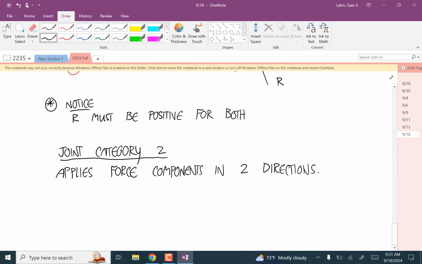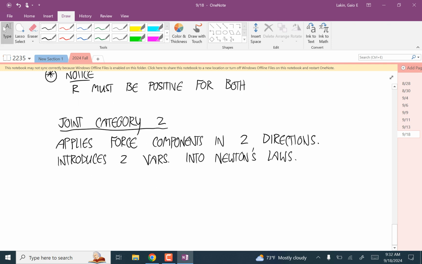And because of that, this introduces 2 variables into Newton's laws. There's only one of these. And this one is a wheel with a preferred direction. So this is like the other type of roller.